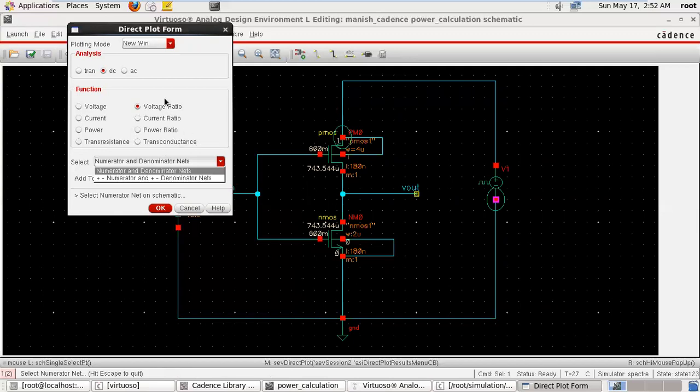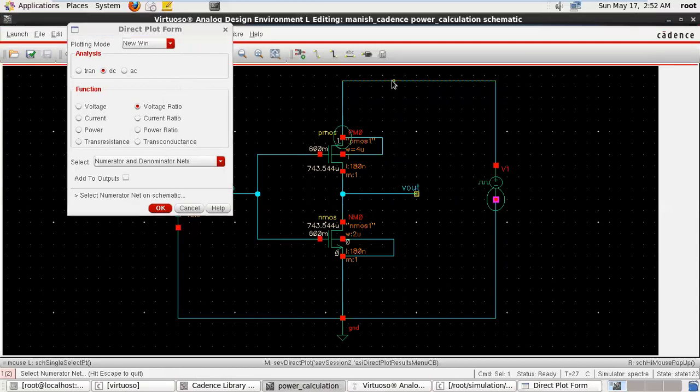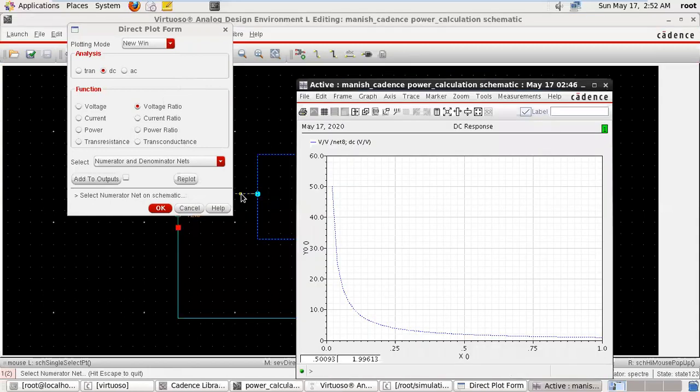Okay, so when we are selecting the voltage ratio, it says select numerator net on schematic. Suppose this is my numerator net. Select denominator net. We are selecting the denominator net. Now select numerator net.